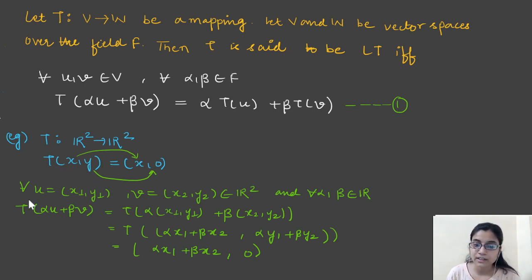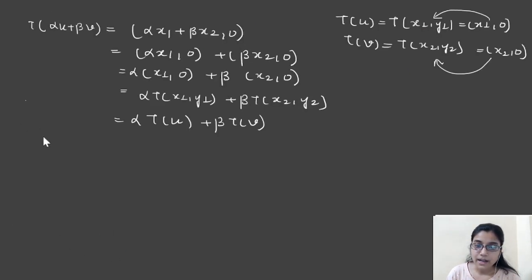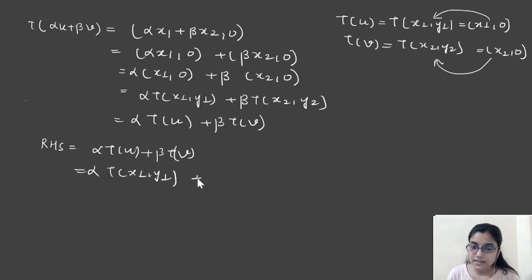Otherwise the other way to do it is that you consider it equal to LHS. So this expression becomes equal to this, and you find out RHS also. That was your alpha times t of u plus your beta times t of v. So this is going to be alpha times t of x1 comma y1 plus beta times t of x2 comma y2. Now this is going to be your x1 comma 0, this is going to be your x2 comma 0.